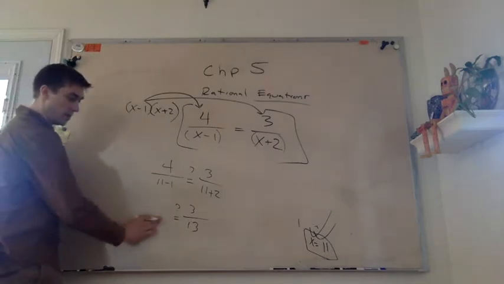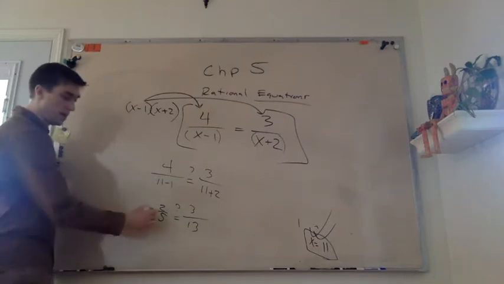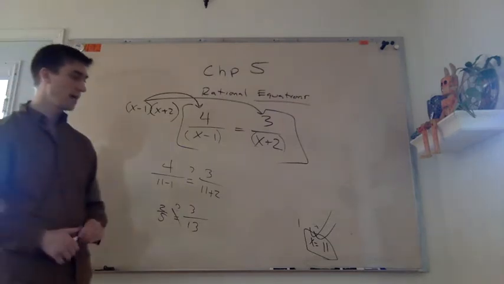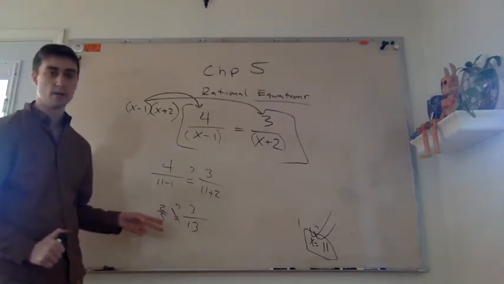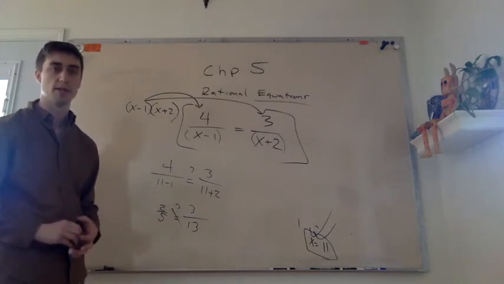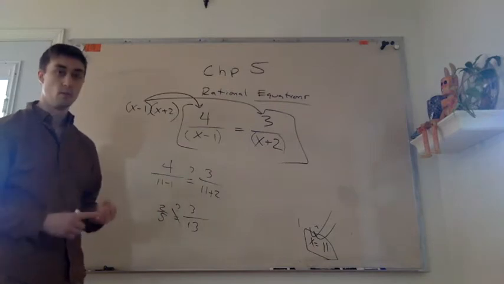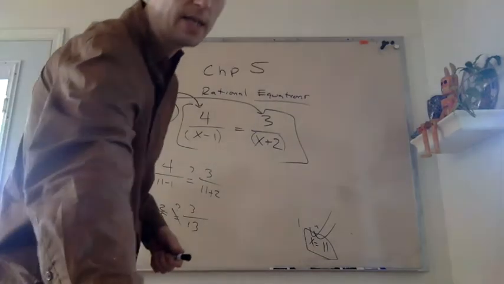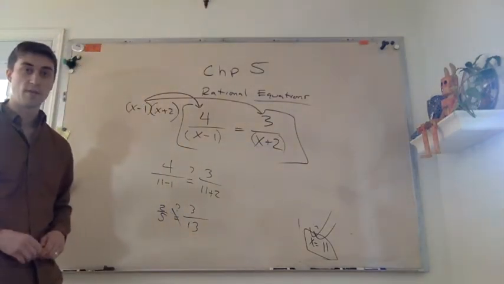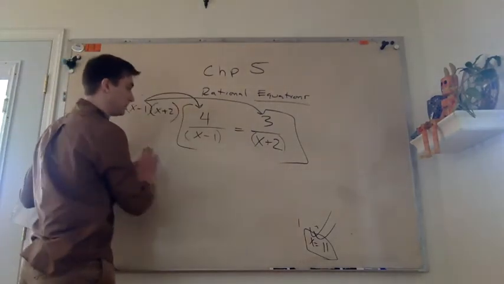So this would be 2/5. 3/13 doesn't simplify because they're both prime. And these two things are not equal. So you see you made a mistake, right? If you go back to check and it doesn't make a true statement, you've messed up. So that's informative, is what I'm trying to say. Checking your work lets you know if you have A, done it correct and not made any mistakes, or B, made a mistake, you need to go back and figure out where. Okie doke.